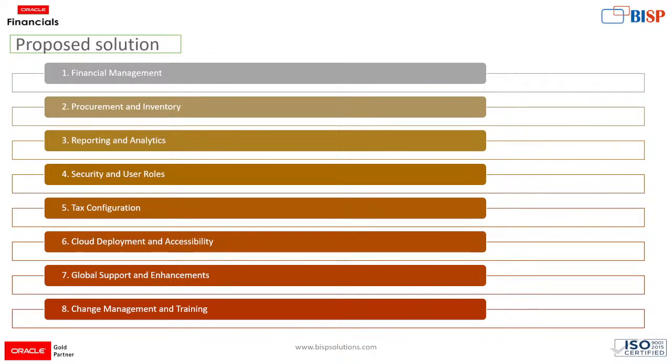Change management and training. In order to ensure a smooth transition, it is essential to communicate the transition plan to all stakeholders involved. This will help them to understand the process and any changes being implemented. Additionally, it is important to provide proper training to all employees on how to use Oracle Fusion effectively.